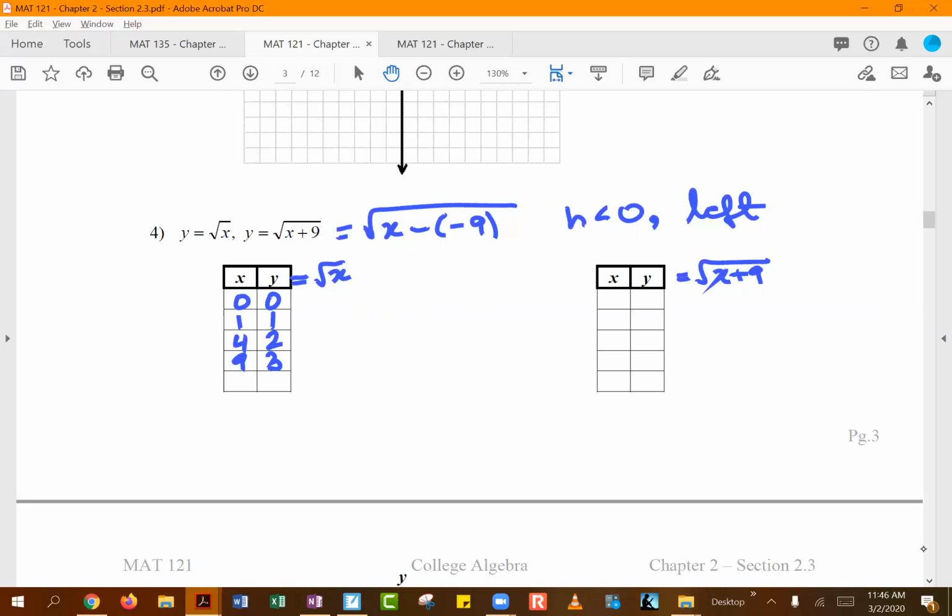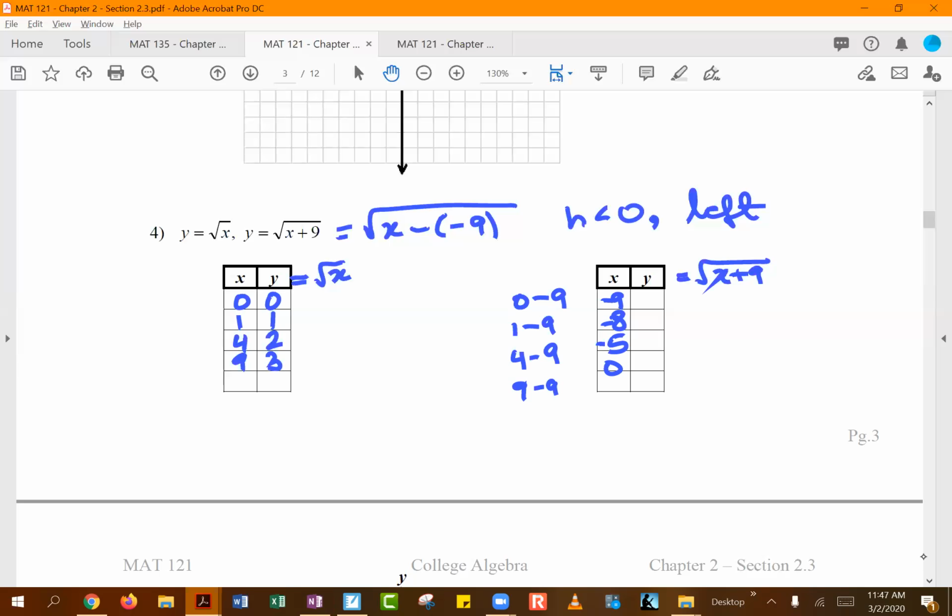So 0 minus 9, negative 9. 1 minus 9, negative 8. 4 minus 9, negative 5, right? Because your 9 is a larger number, which has a negative, and then 9 minus 9, 0. All right.